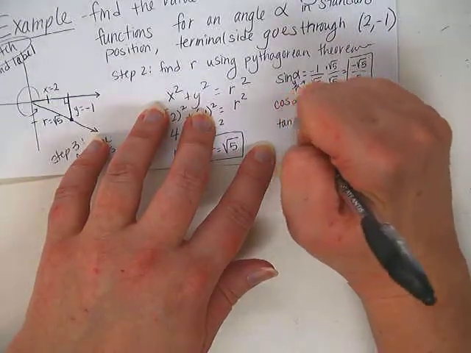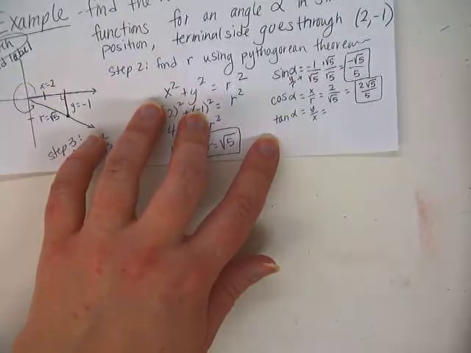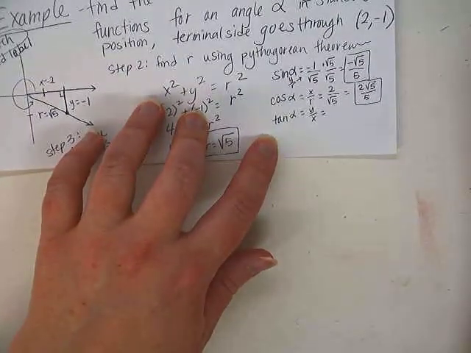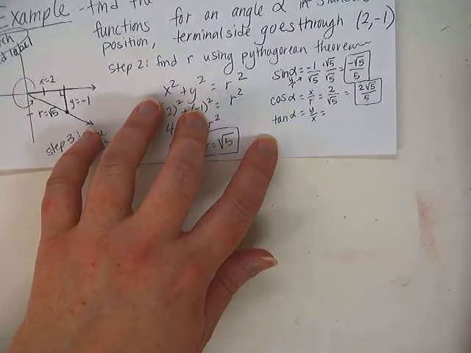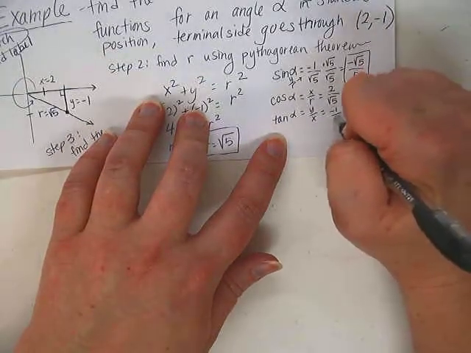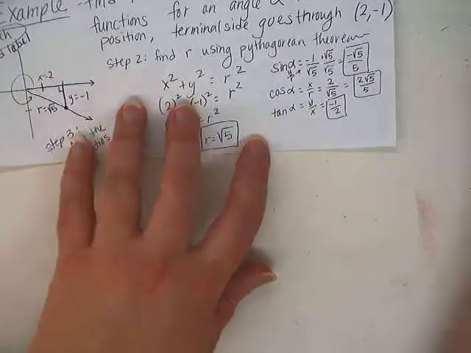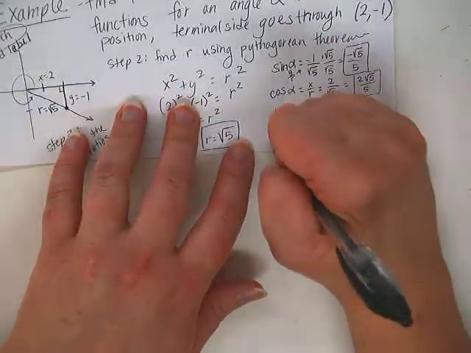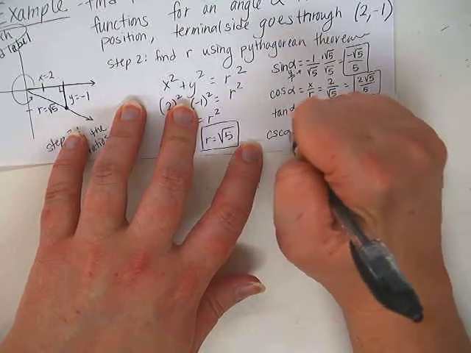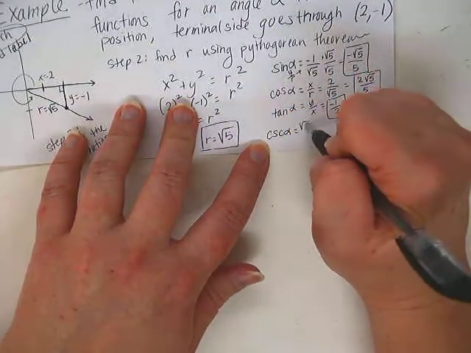Rationalize it. 2 square root of 5 over 5. Okay, tangent is y over x. So -1 over 2, -1/2.